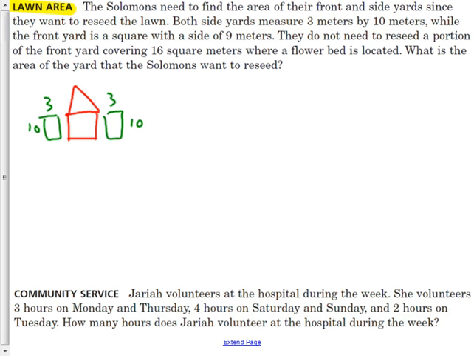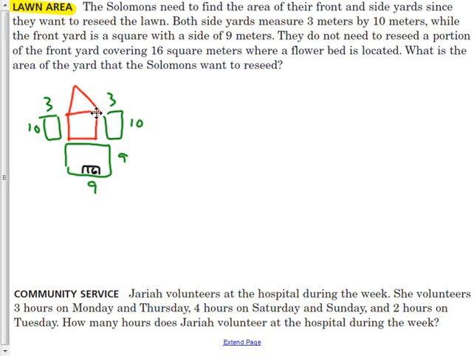And we know the front yard is a square that is 9 by 9. But if that's not enough, we also need to take out 16 square meters where there's going to be a flower bed. So we'll take that away.